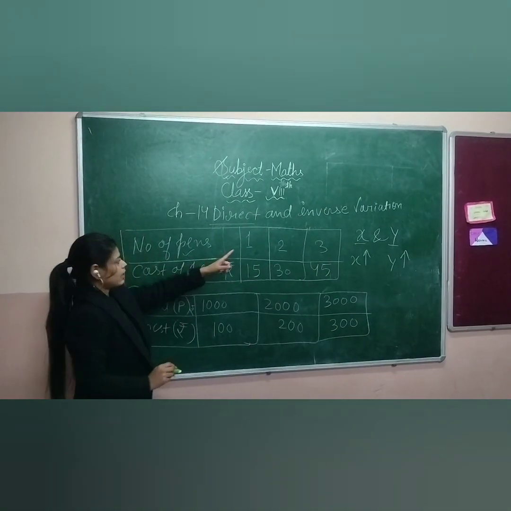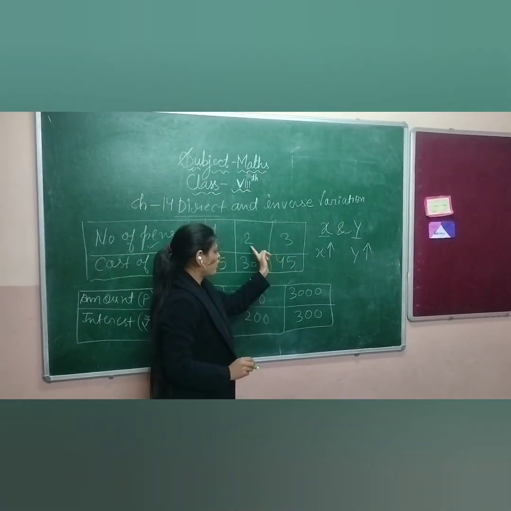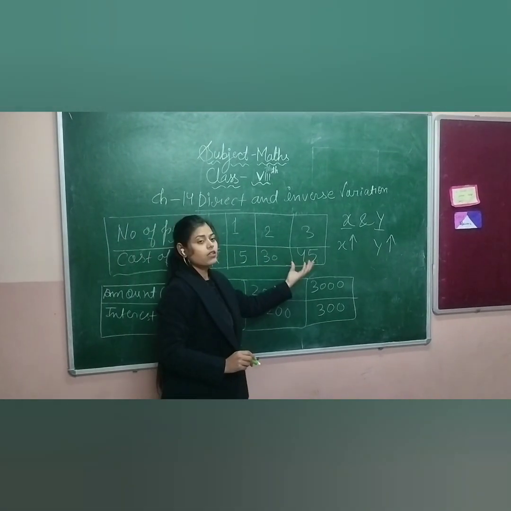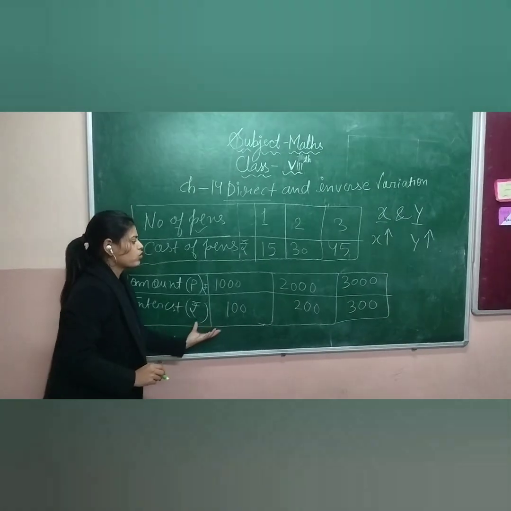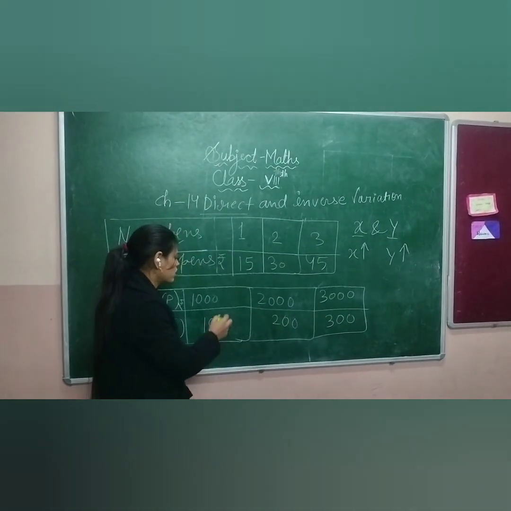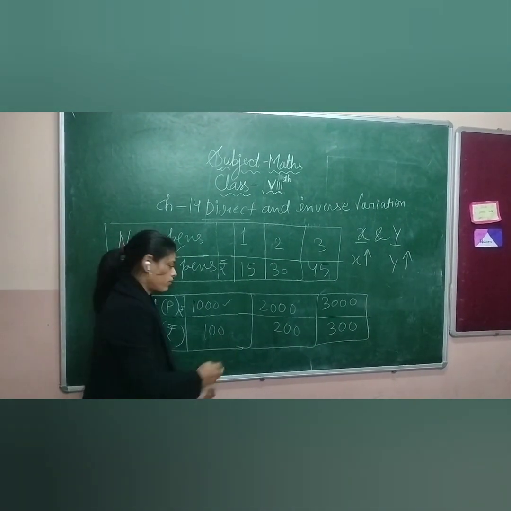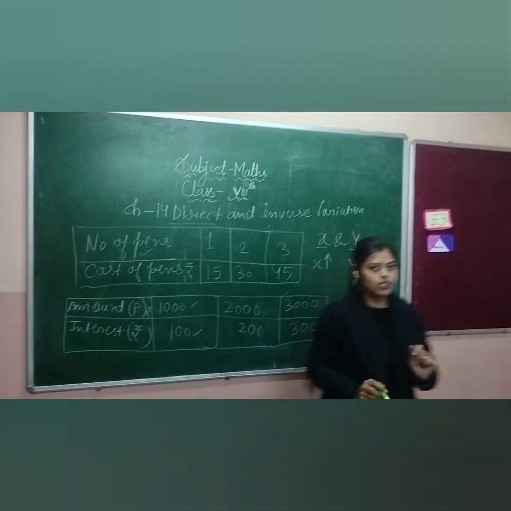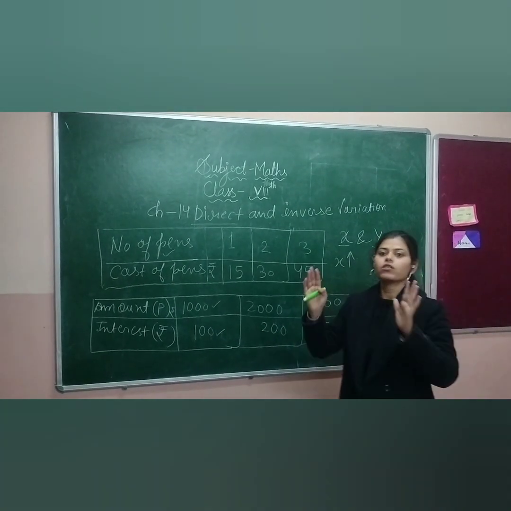Clearly, you can see that every time you purchase a further pen or add a new pen, the amount will increase. Similarly, in the case of the amount you deposited at the bank, the value of x is 1000 rupees and the interest is 100 rupees, and so on. So this is the direct variation of two things.